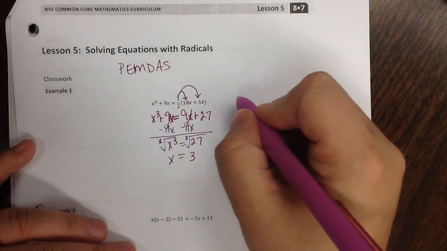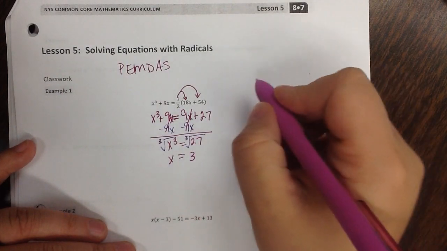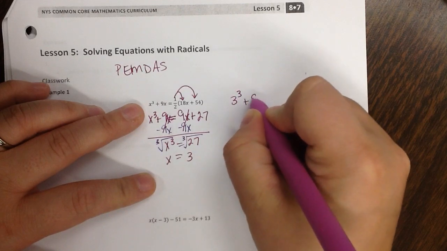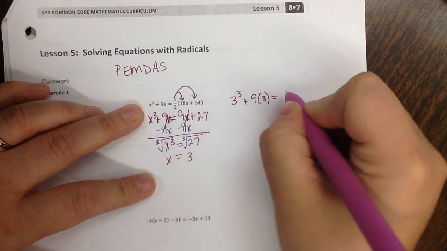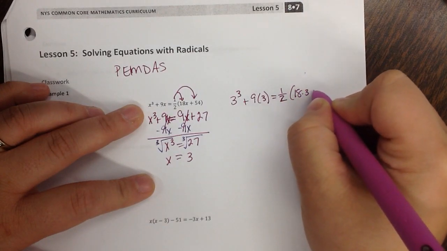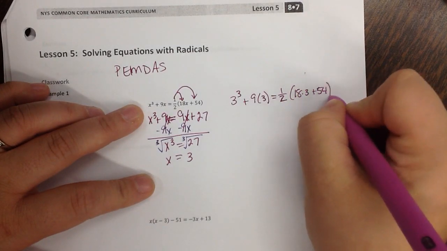So we would plug in 3 for x here. So 3 to the third plus 9 times 3 equals 1/2 times 18 times 3 plus 54.